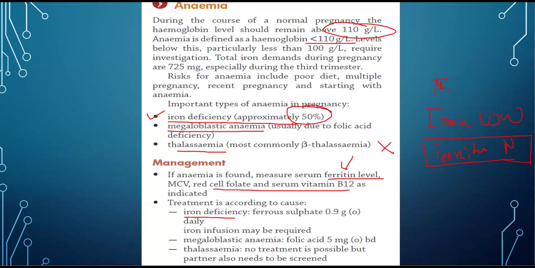If B12 is low, then you will give them B12. If folic acid is low, then you'll need to give them folic acid. And let's say iron normal, B12 and folic acid normal. Then only you will go for hemoglobin electrophoresis. So that's the step-by-step screening or investigation that we would do.